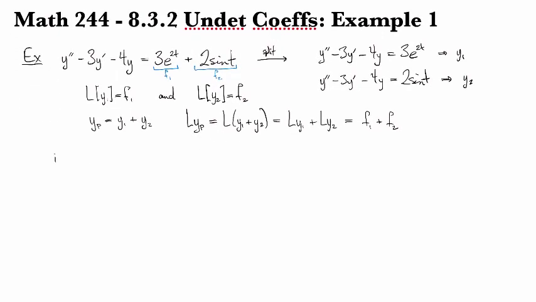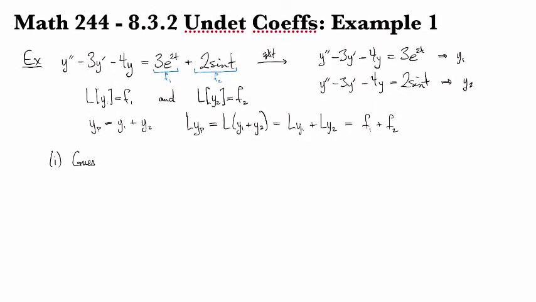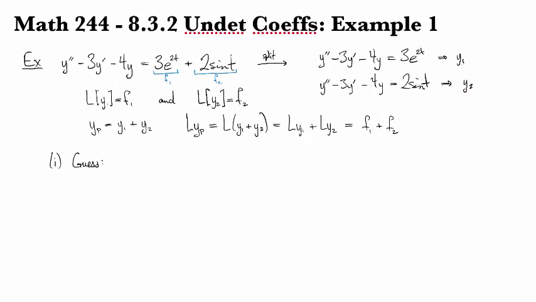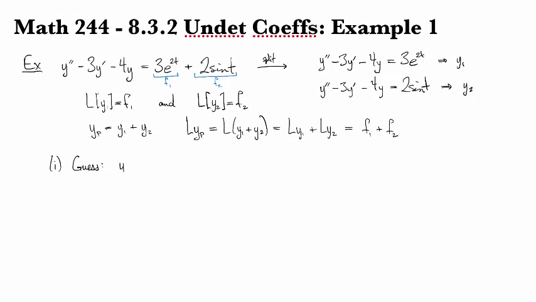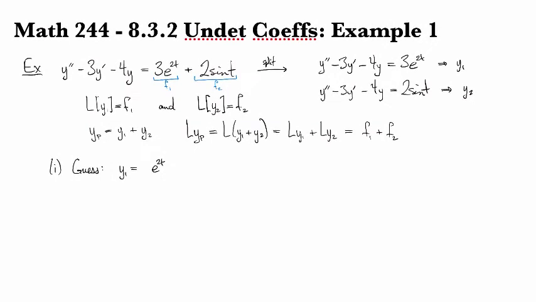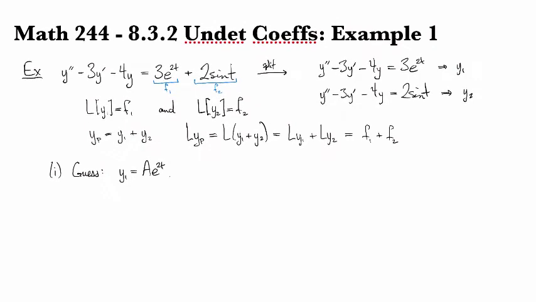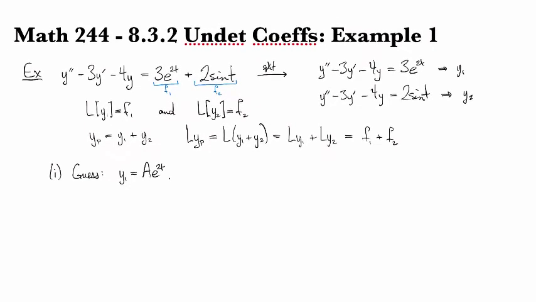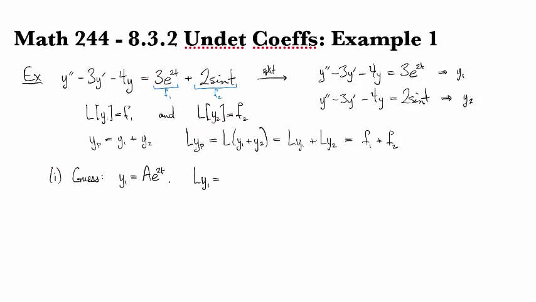So for the first part, my guess is going to be, let's see, f1 is an exponential function, so I'll take y1 to be an exponential function, and I'll use a capital A for the coefficient that has yet to be determined. Okay, so if I plug y1 into the equation, what do we have?